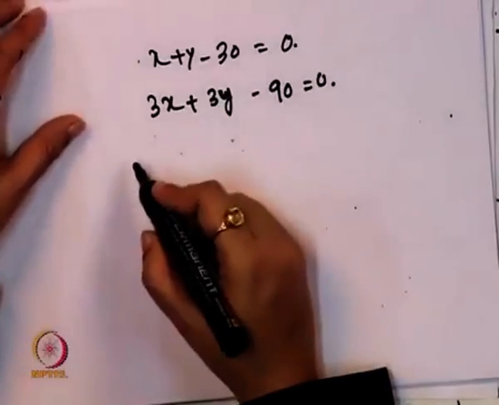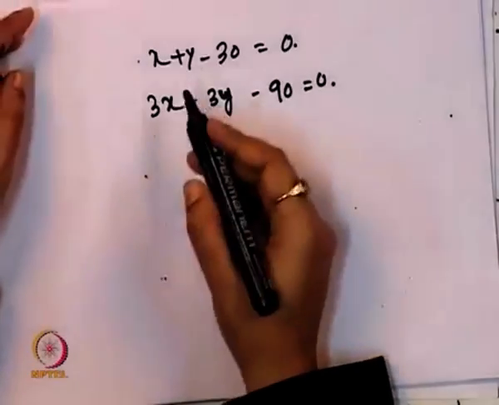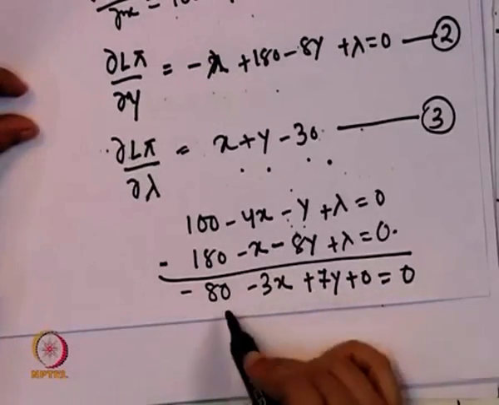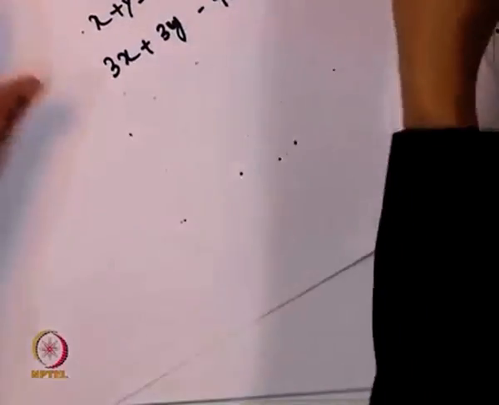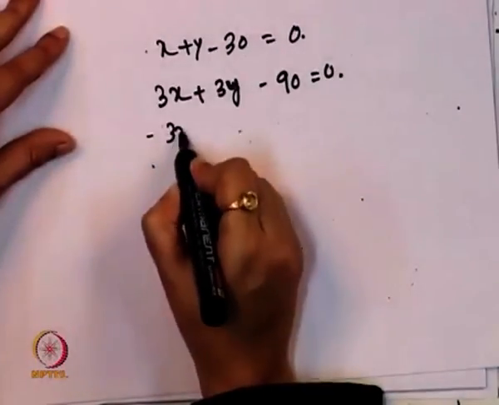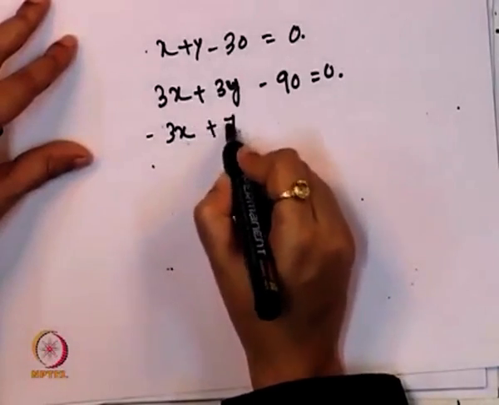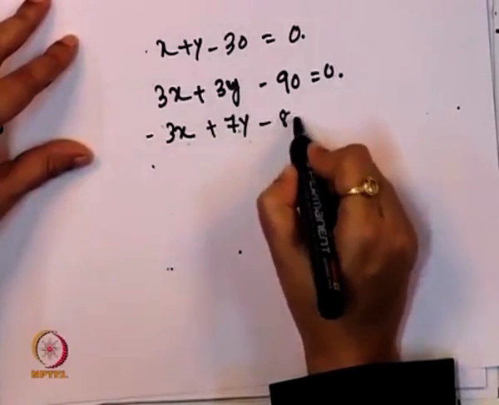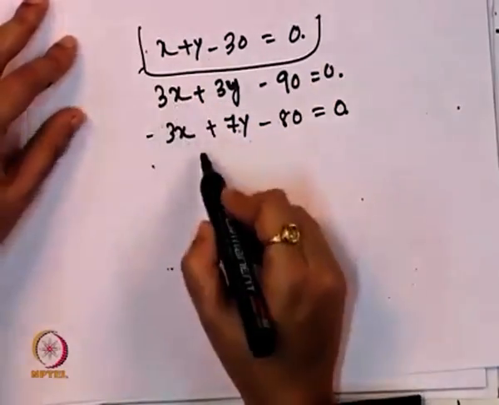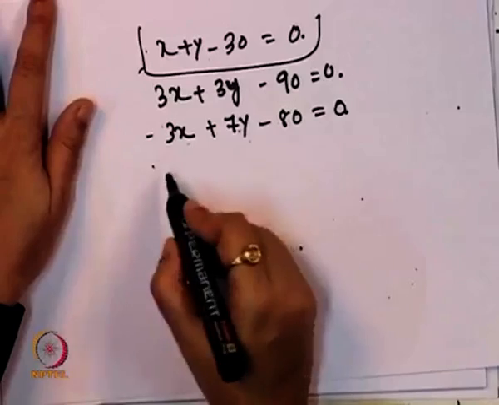And our previous equation was -3x + 7y - 80 = 0.